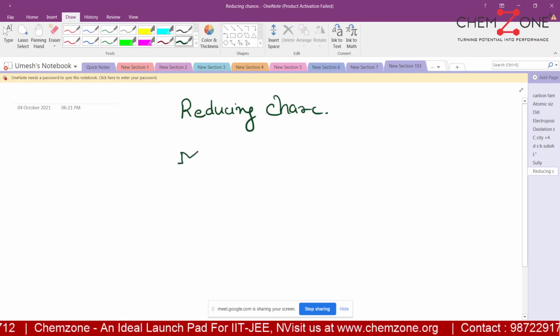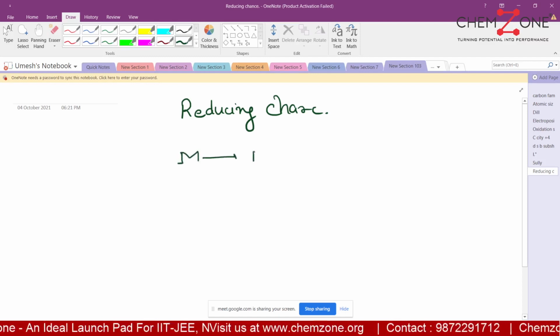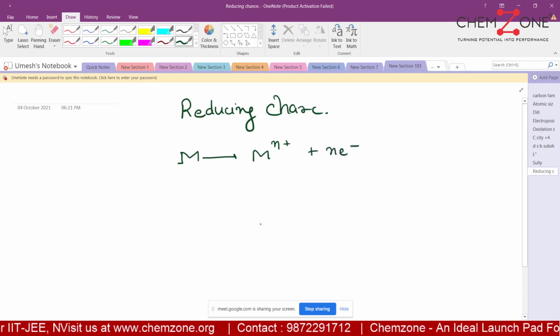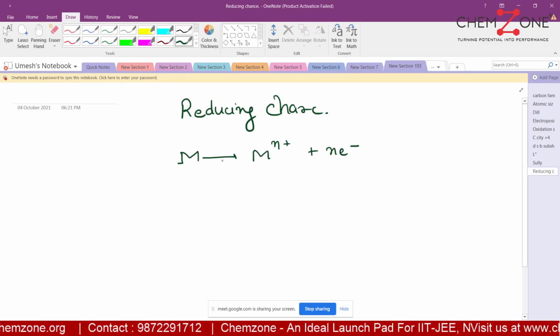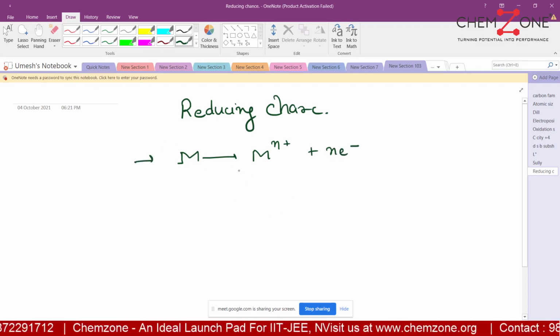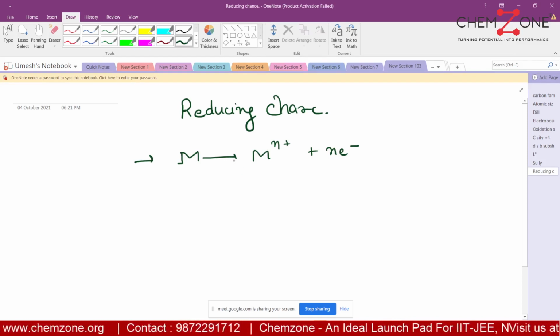Any element that gives electrons, and the other element gains electrons. Gain of electrons is called reduction. So any substance that gives electrons for the reduction is known as a reducing agent.